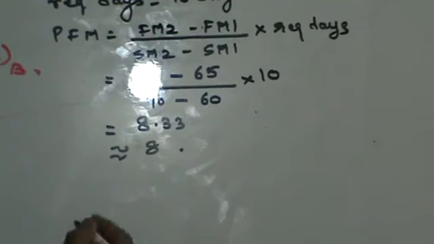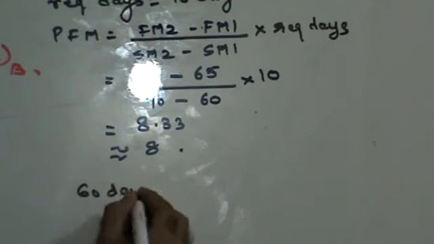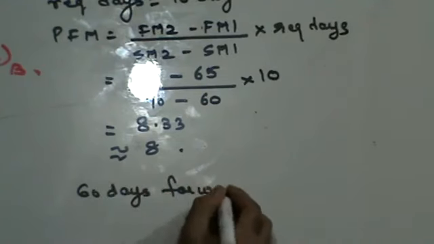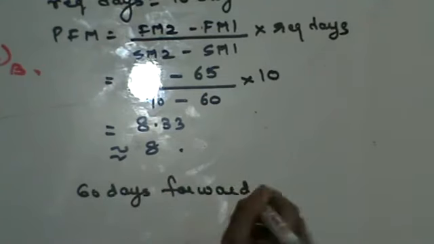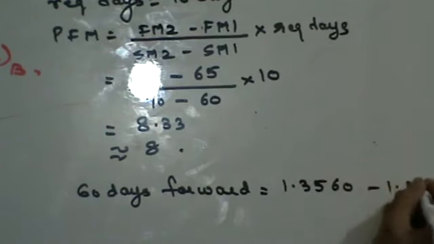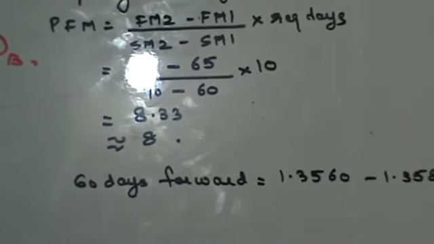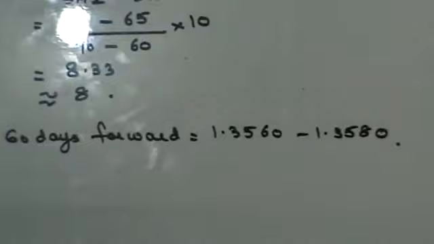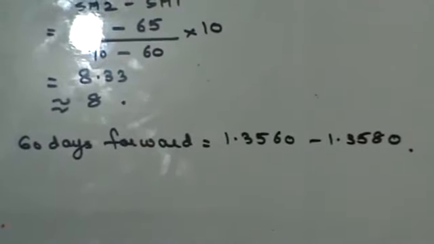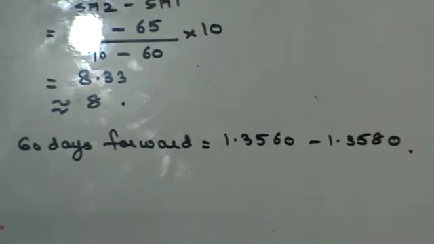So in that case, my 60 days forward was 1.3560, 1.3580. I want 70 days forward. That means I need to put another 10 days there. Now since my 60 days forward and 90 days forward both are at discount, that means my 70 days swap point will also be discount.